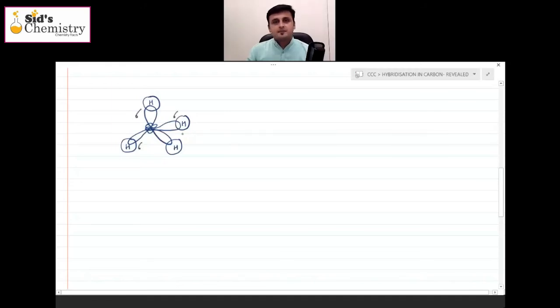In another way we can show this structure like this: this is carbon, this is one sigma bond with hydrogen, this is the second, this bond is coming out of the plane, so this is the third, and this bond is going behind the plane, so this is the fourth bond, and all the bonds are called sigma bonds. So this is how bond formation with the sp3 hybridized orbital happens.